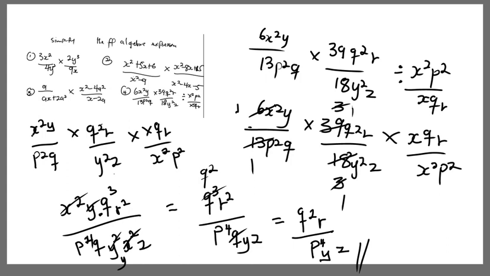You are going to multiply all the numerators and all the denominators. After multiplying the numerators, this was what we had: x squared y q to the power 3 r squared. And when we multiply the denominators, we had p raised to the power 4 q y squared x squared z.